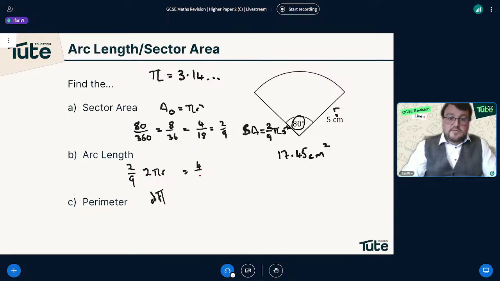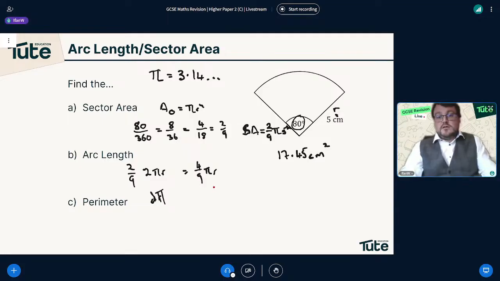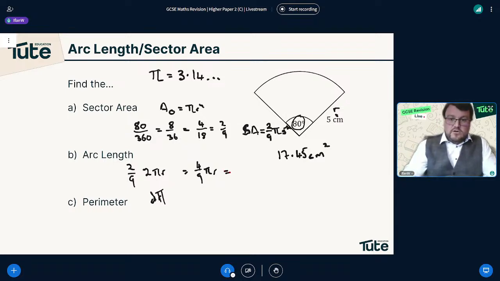So it's 4/9 pi r. The radius is 5, so 5 times the fraction 4/9. Boom. What you've got there is 20/9 pi, or 6.98. And since this is centimeters, 6.98 centimeters.